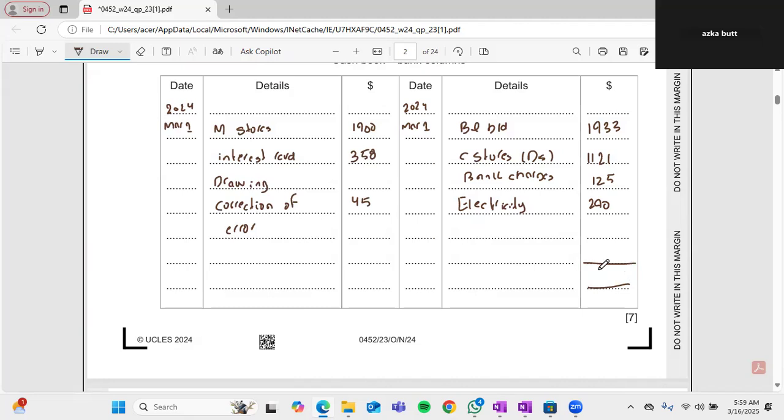So the total is 3469. This is the closing balance, and this is equal to 1166.